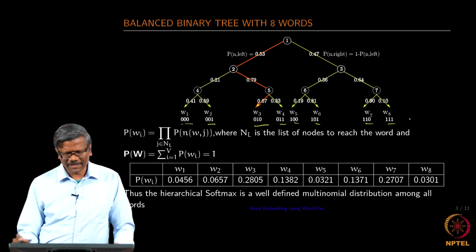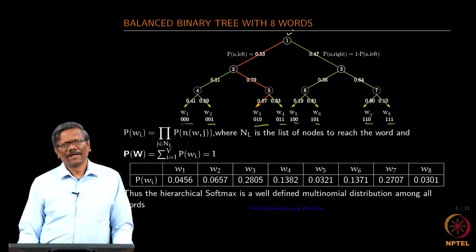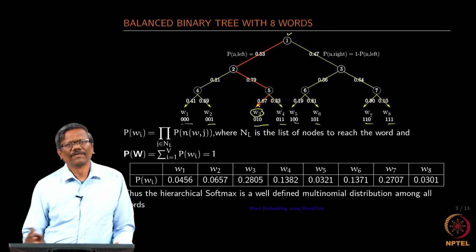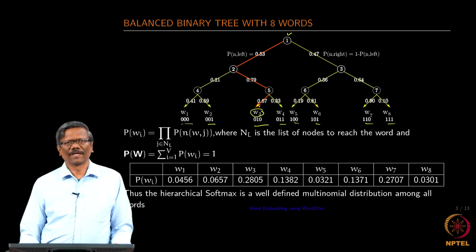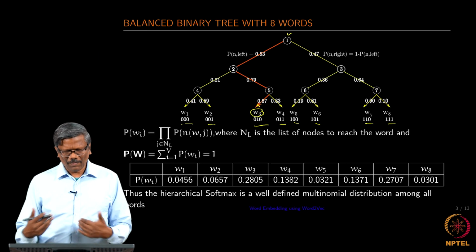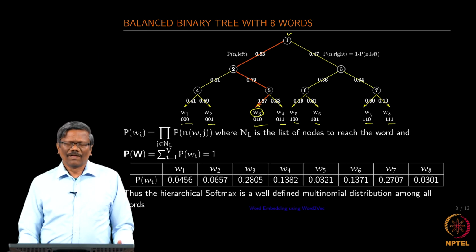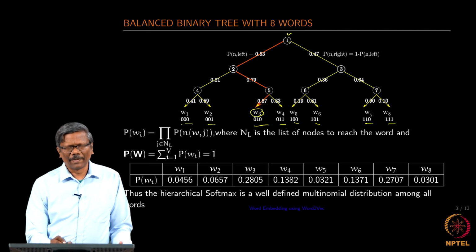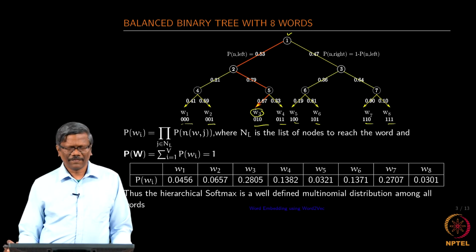All right. Let us first start with the root node 1, and then I am trying to find out the probability of the word W3. So, how do we find out? Let us start with this first. When I start from node 1, I need to go to node 2, so I traverse to the left, and then I traverse to the right from 2 to 5, and then to the left to reach the word.